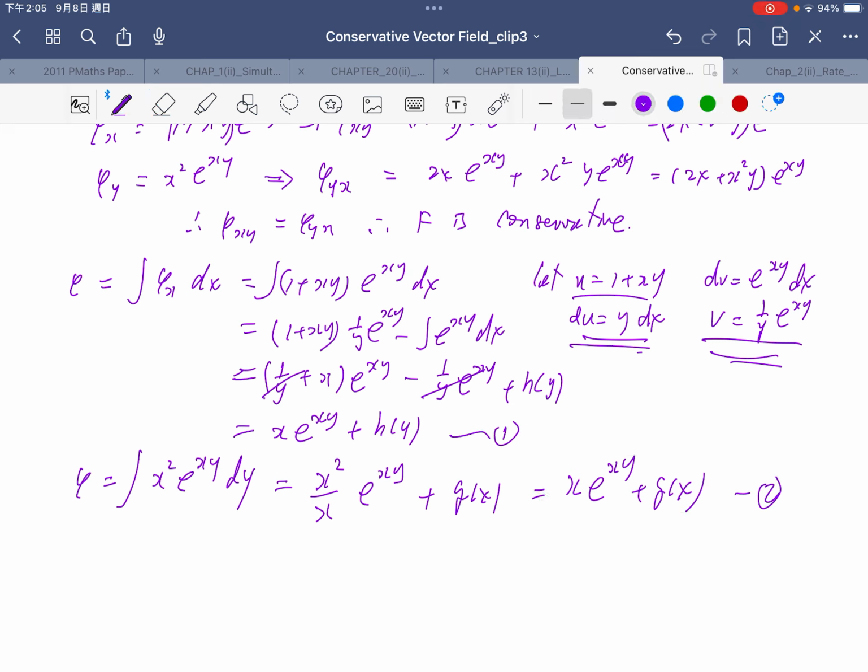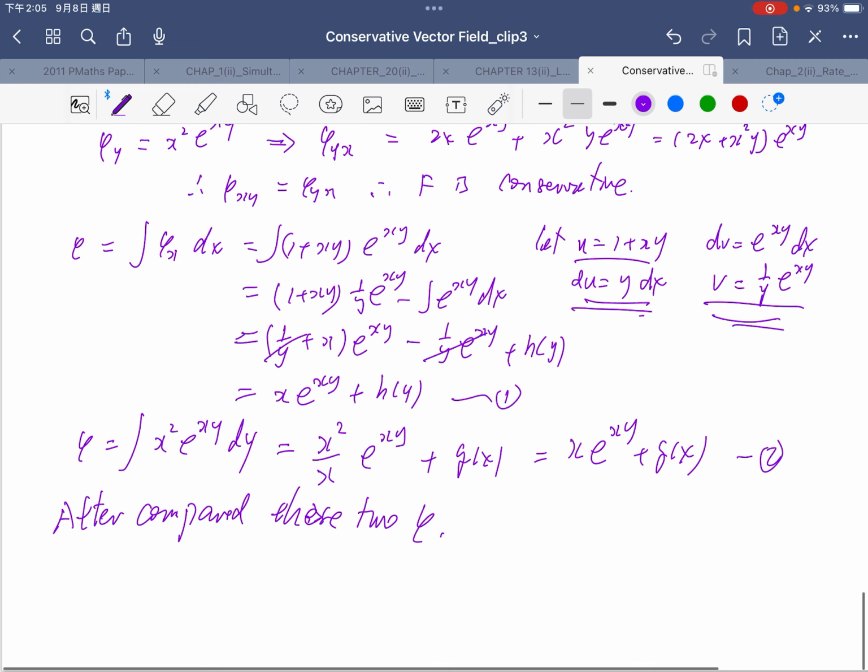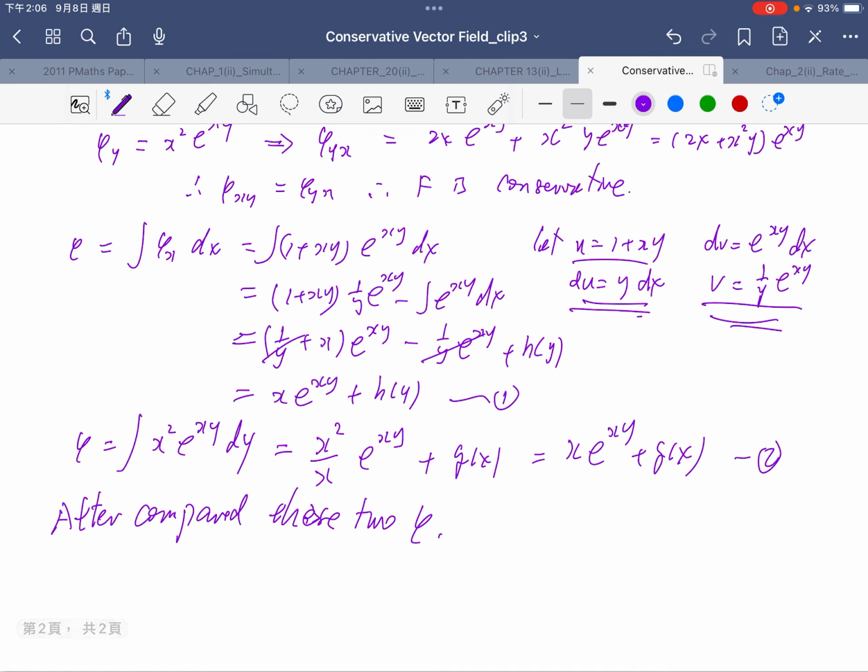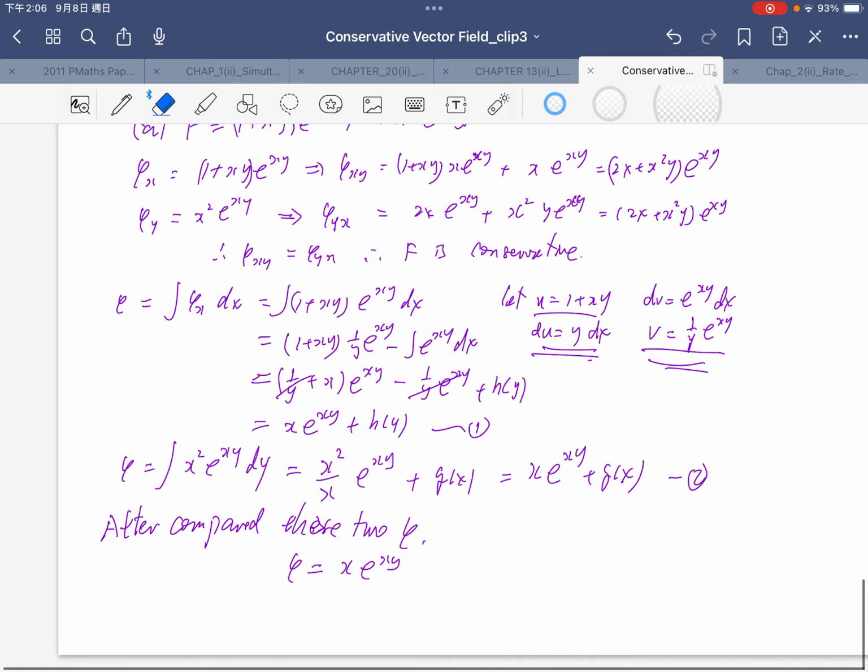After comparing these two, we get the conclusion that phi must be equal to x times e to the power xy plus a constant. This constant is constant with respect to x and y. But in many cases, if this is a constant, we don't need to write anything. So this is phi.